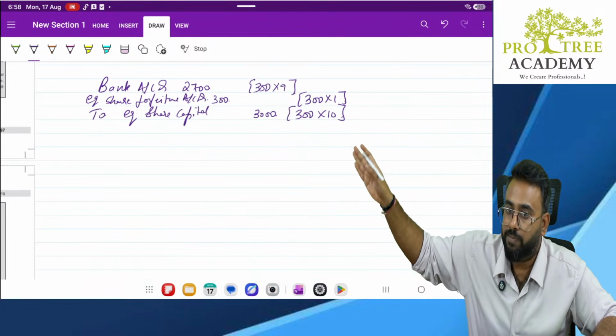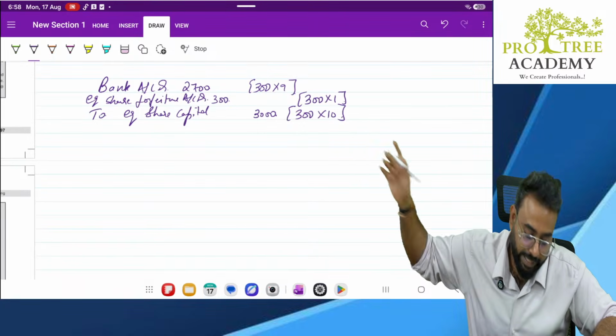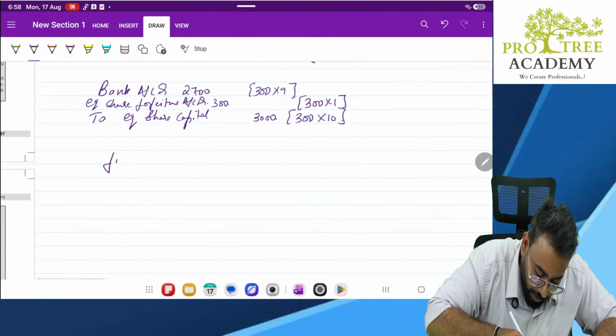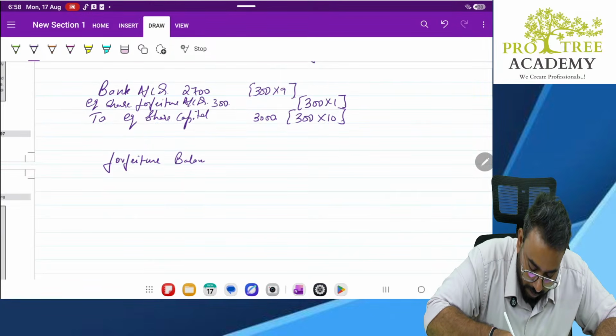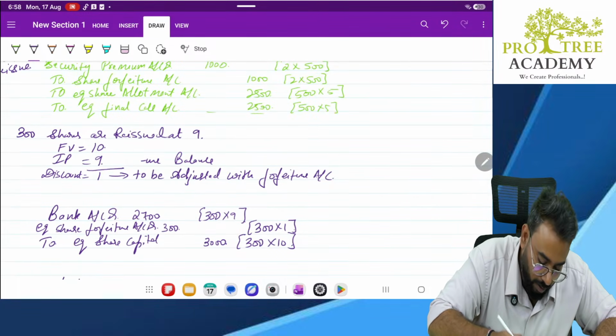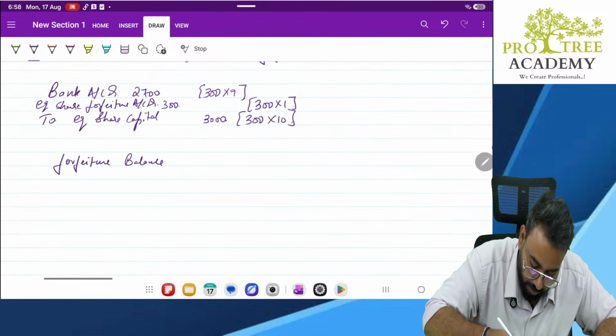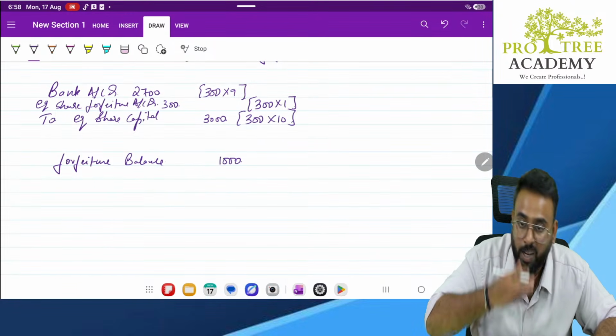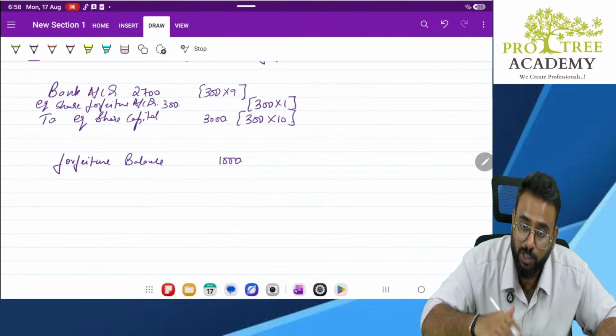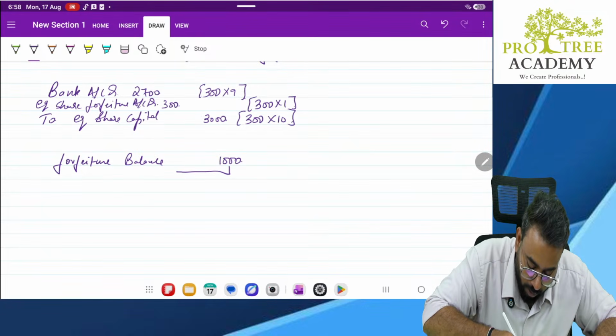Correct or no? We have to transfer the balance in the forfeiture account to the capital reserve account. So what was the forfeiture balance earlier? How much did we forfeit? 1000? Yes, sir. Now, this 1000 has to be split into two parts.